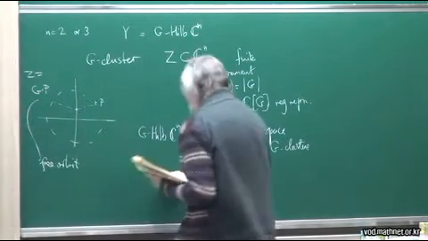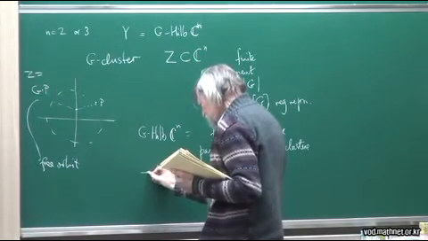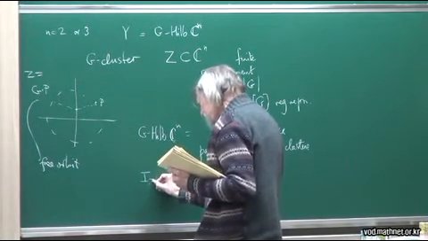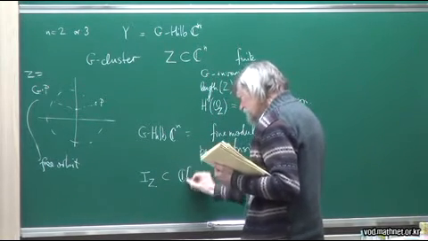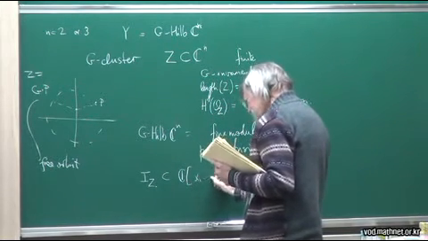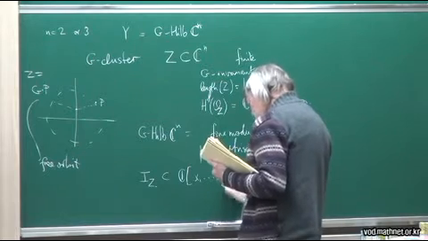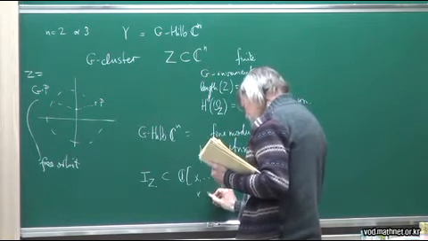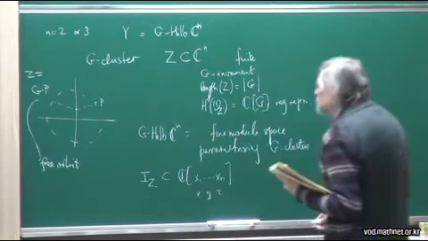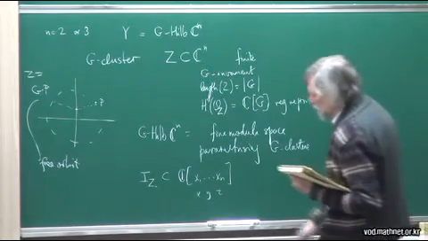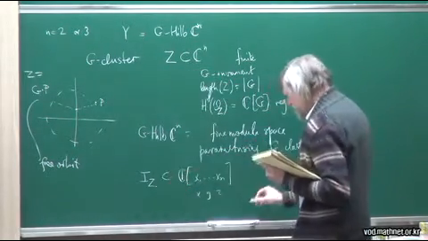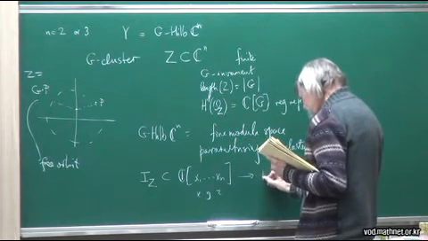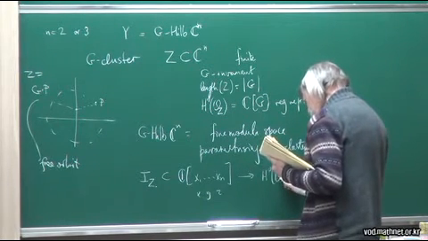In other words, just to spend a little bit of time on this, I can write I_Z contained in the polynomial ring in x_1 up to x_n. This is usually x, y, z. So this is the functions that vanish on Z, the ideal of Z. This is mapping down to H^0 of O_Z.